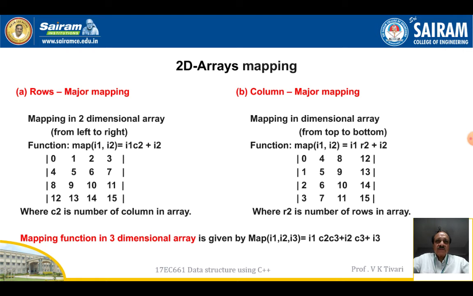You can see the array, numbered column wise: 0, 1, 2, 3, 4, 5, 6, 7, 8, 9, 10, 11, 12, 13, 14, 15. This is the array column wise mapping. The mapping function in a three-dimensional array can be given as map(i1, i2, i3) = i1 * c2 * c3 + i2 * c3 + i3.